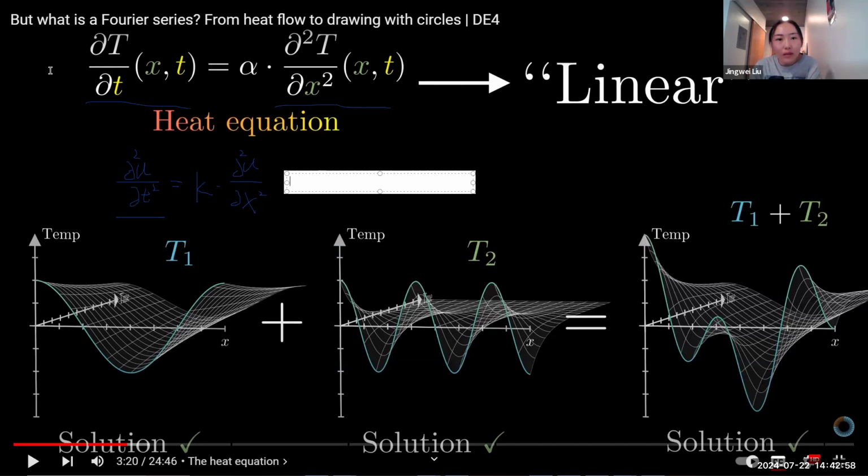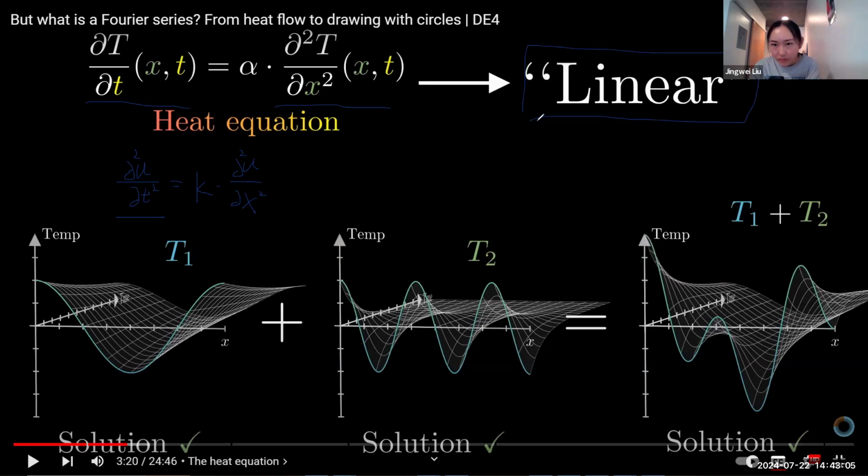One thing in common is that they are both linear PDEs. Though they are linear equations, so they have linear solutions. What does linear solution mean? It means that when you have two solutions here, right? T1 and T2, and when you add those two solutions together, you get another solution.